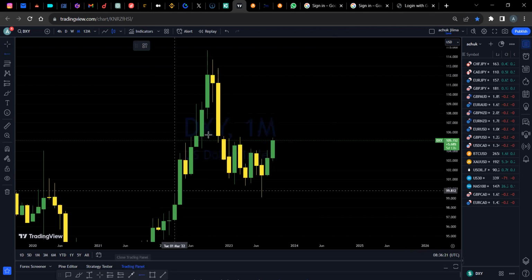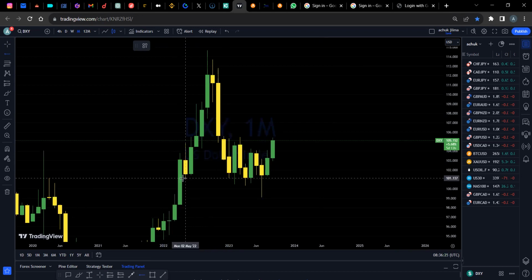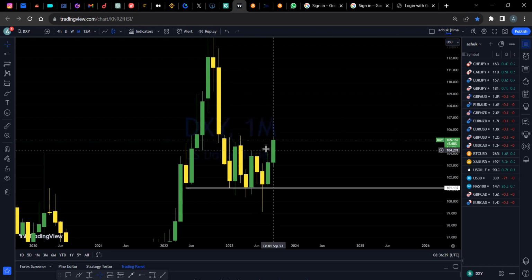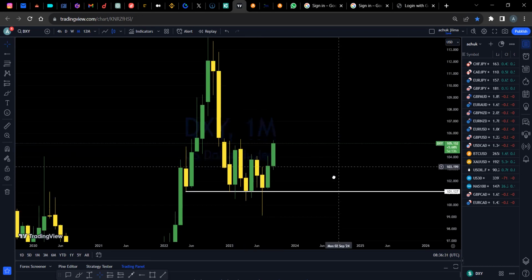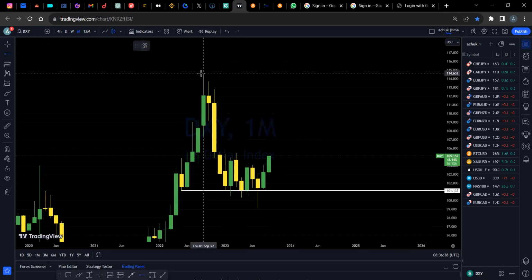From this impulsive move, we saw an area here where the market could not break. From here, we started to see price consolidating, and now price seemingly heading up all the way to the previous highs which were being formed.